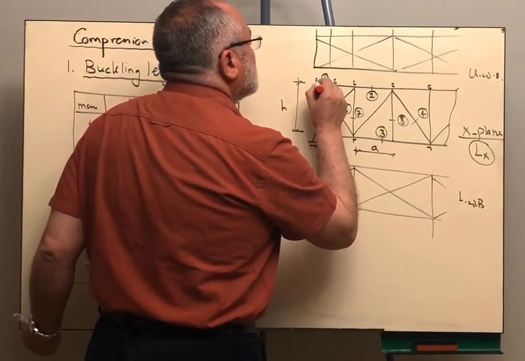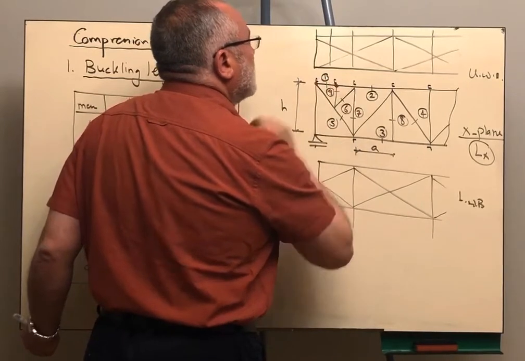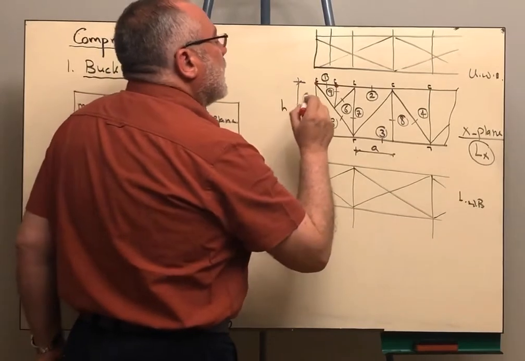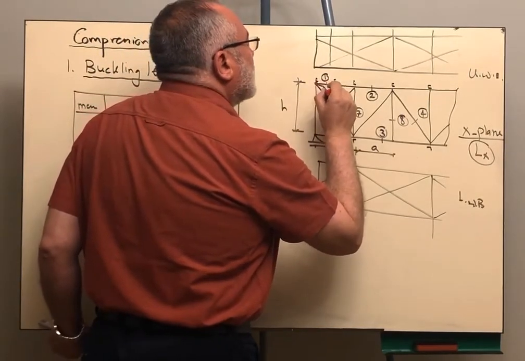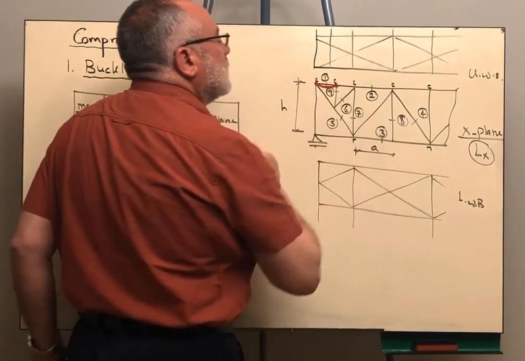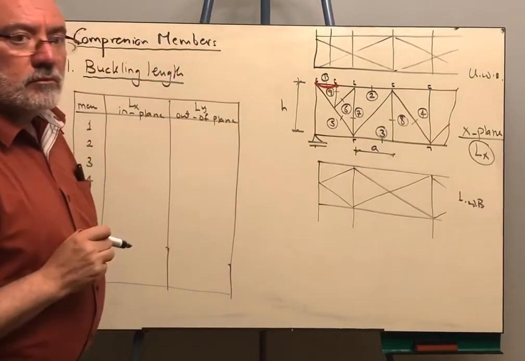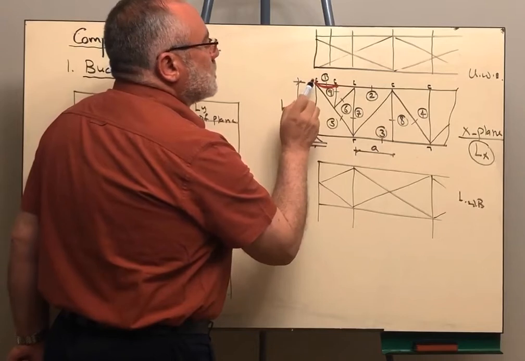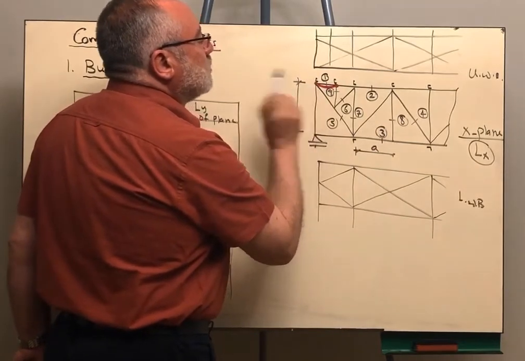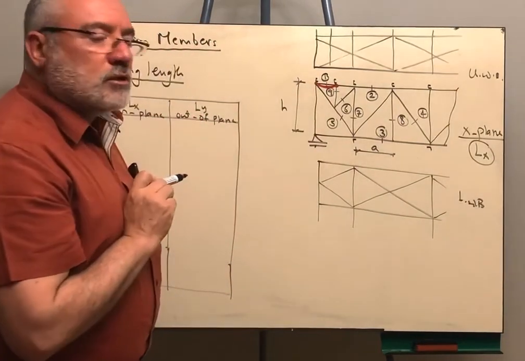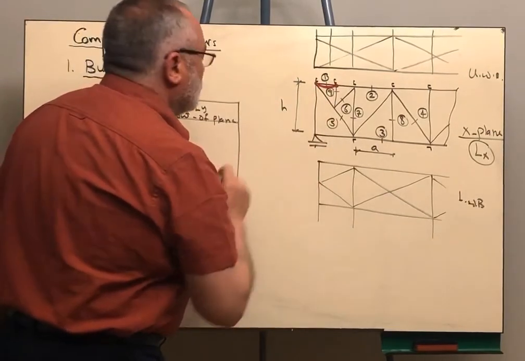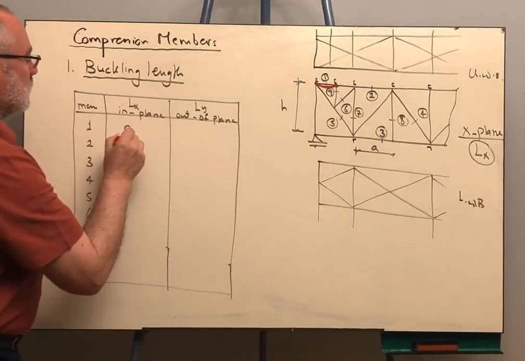The boundary conditions of this member, it is hinged. So if it wants to buckle in the x-plane, it will buckle like half sine wave, like a pinned column. Therefore, the buckling length, which is the distance between the two inflection points or the zero moment points, will be equal to this horizontal distance, which is a over 2.